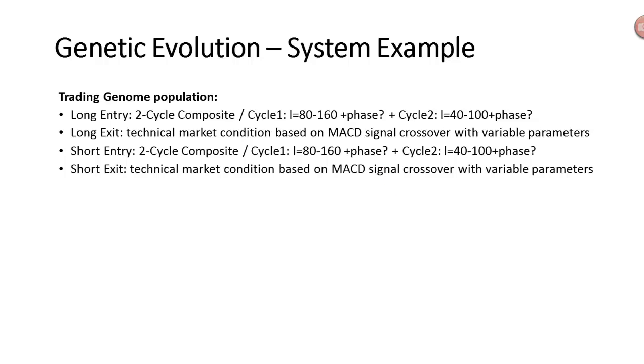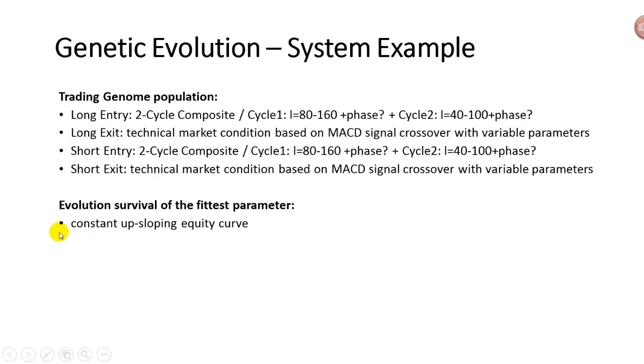So this is our trading outline, and the evolution parameters are that we are looking for a constant upsloping equity curve, a high system quality number, and the more trades the better. So we use this for the intraday chart on the 5-minute bars here.